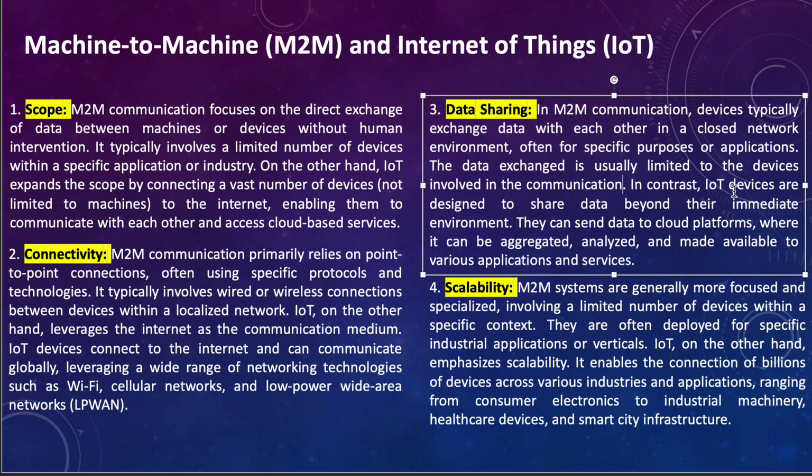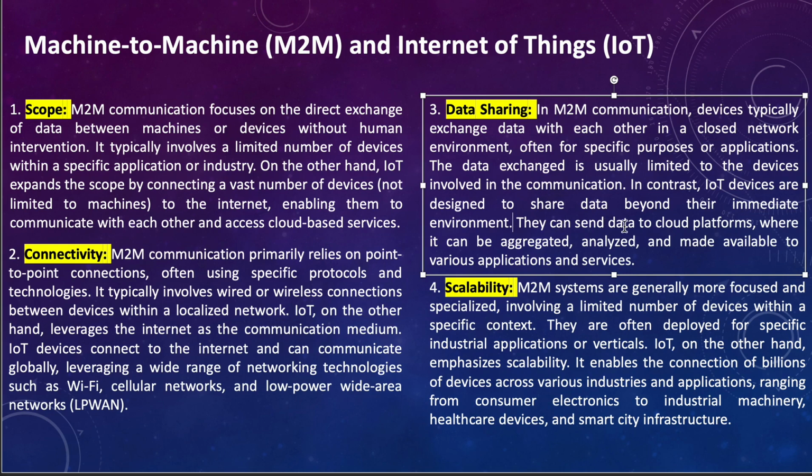In contrast, IoT devices are designed to share data beyond their immediate environment. So this is something that should be highlighted. M2M devices talk to each other but do not share that particular set of data with others.